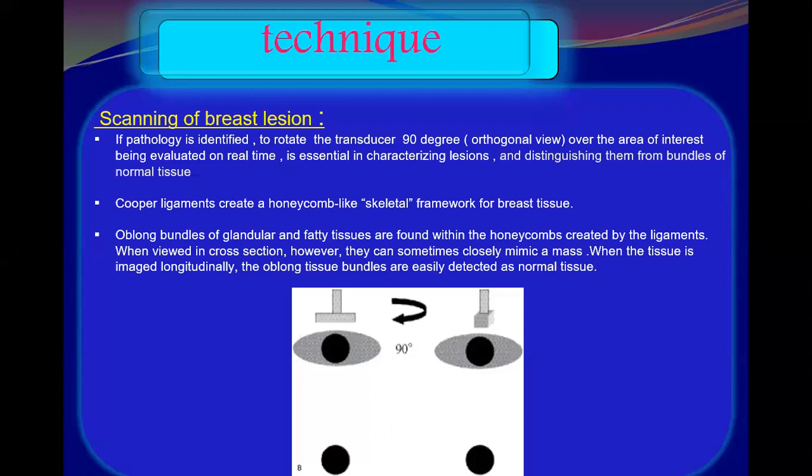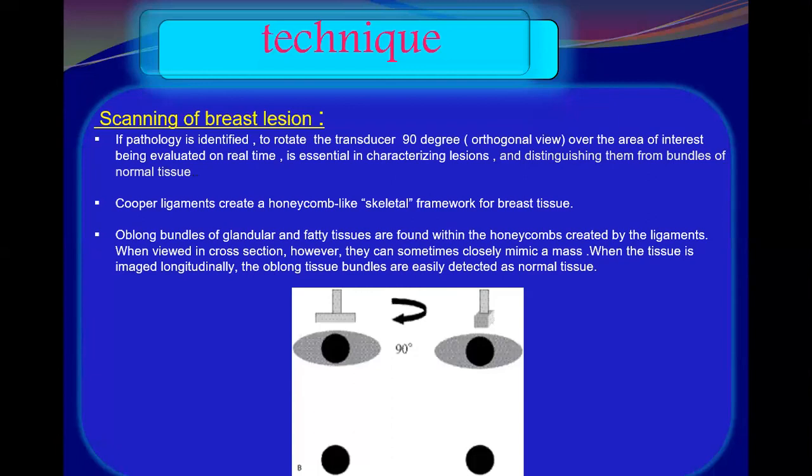Then when we identify lesions, as we mentioned before, we have to rotate the transducer 90 degrees to have an orthogonal view over the area of interest or the lesion. This is very essential to characterize the lesion and to distinguish it from normal tissue as a pseudo lesion.